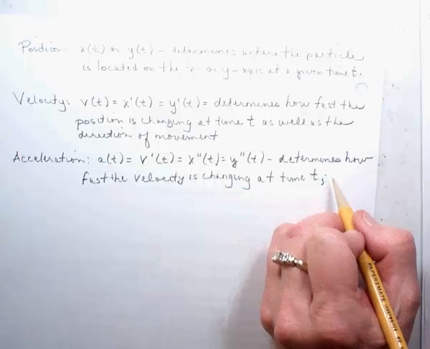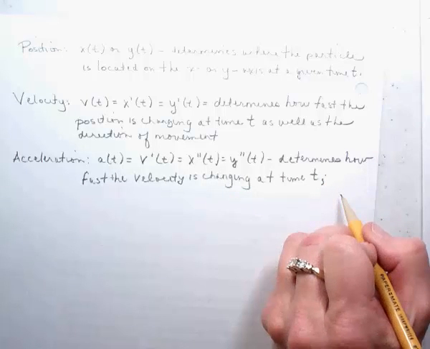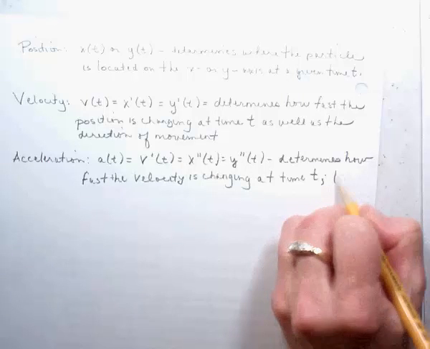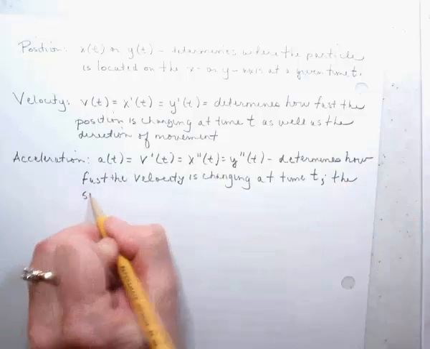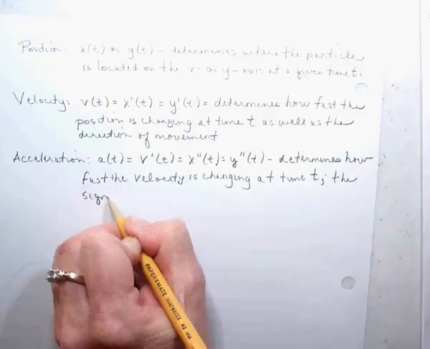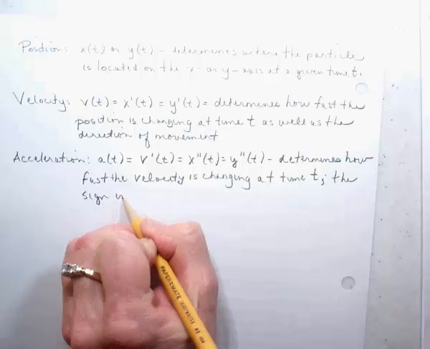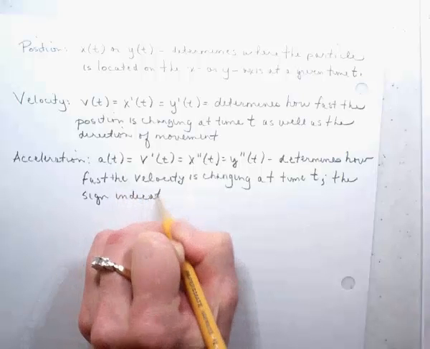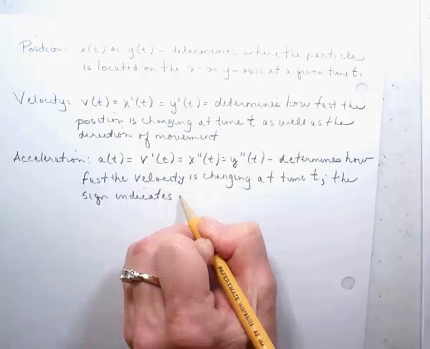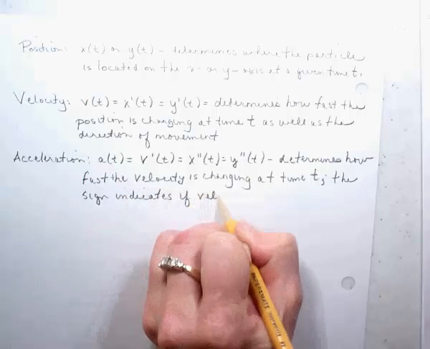The sign of acceleration indicates if the velocity is increasing or decreasing. The positive or negative sign indicates if velocity is increasing or decreasing.